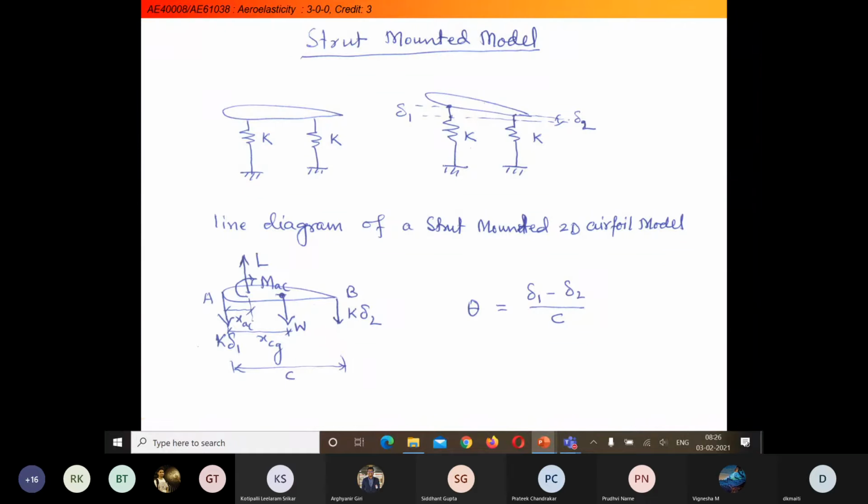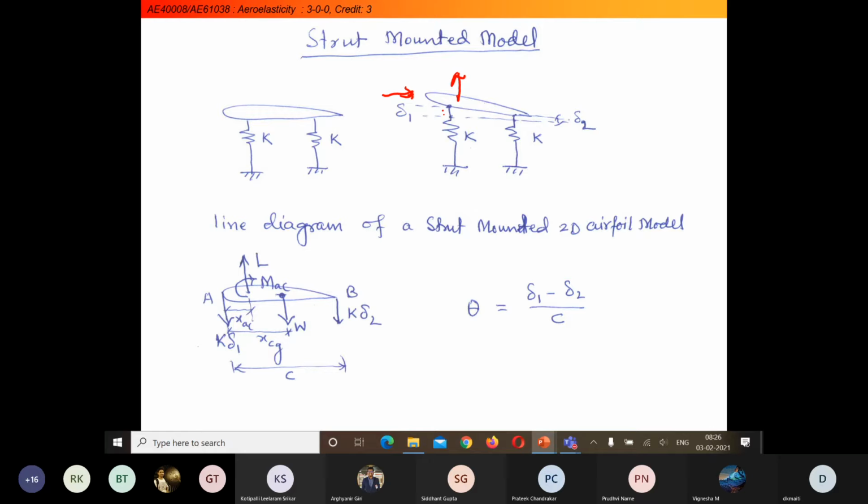So what we have considered here in this free body diagram, you will be able to clearly understand: due to aerodynamic pressure, aerodynamic flow, there will be a lift force acting, and I am considering here that the lift force is towards the leading edge.